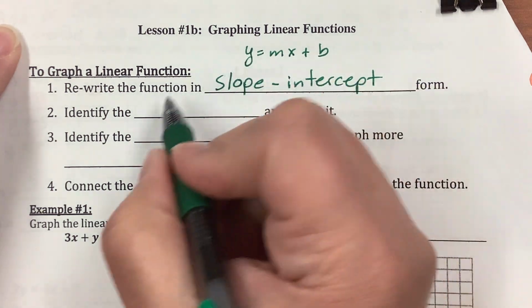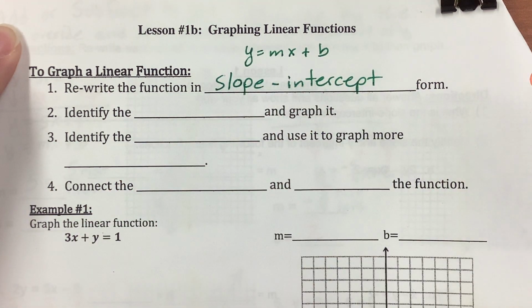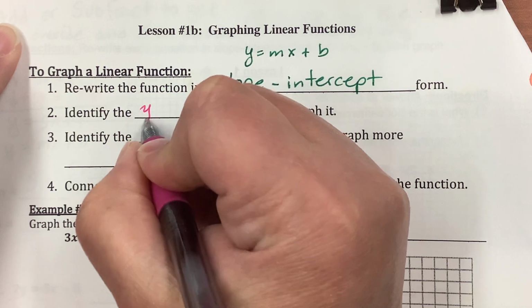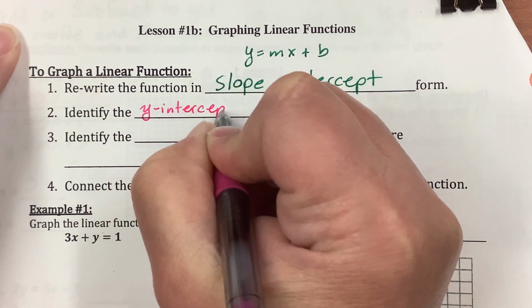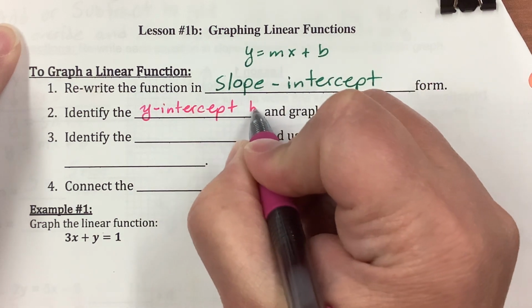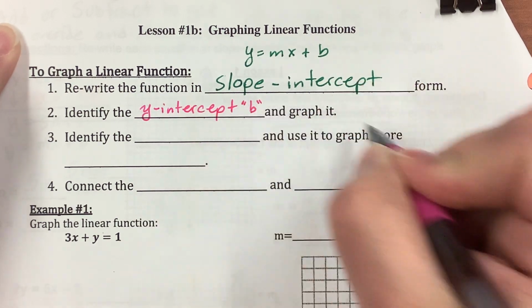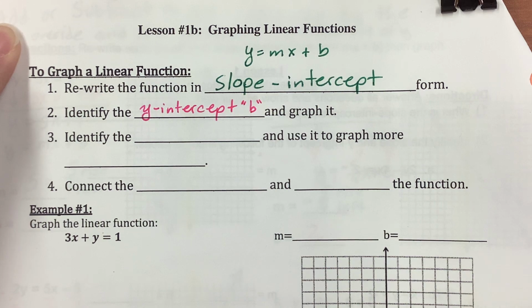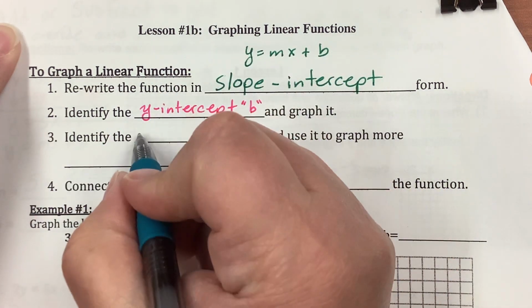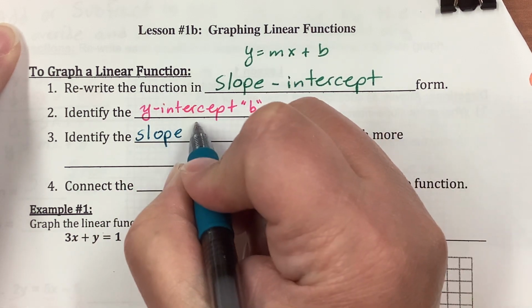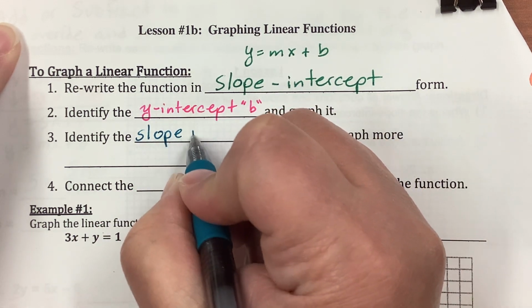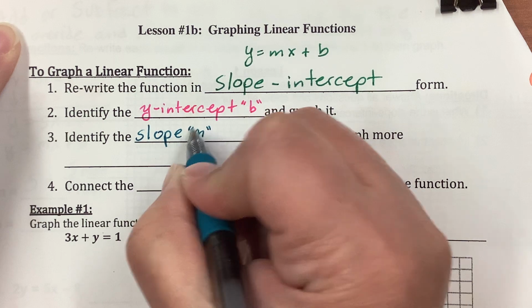Identify the y-intercept, the b, and graph it. Then identify the slope, and you're going to make that, the m, a fraction.